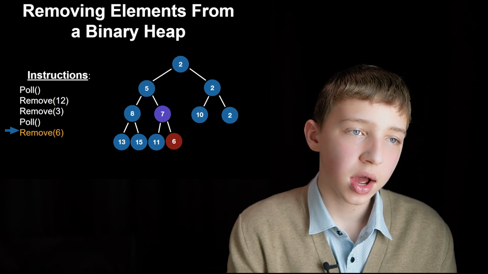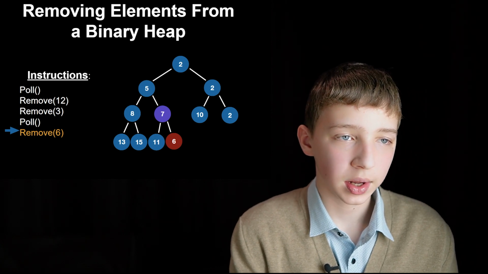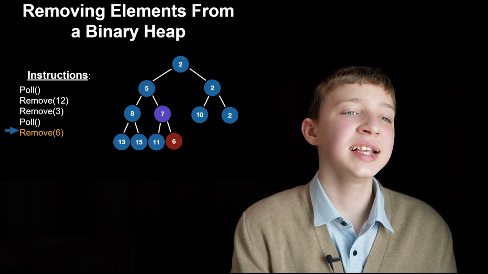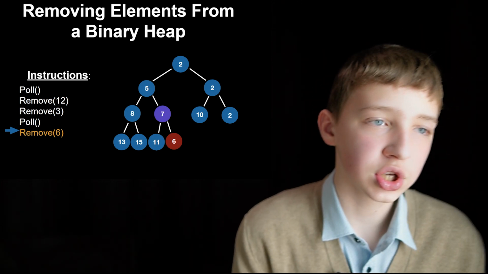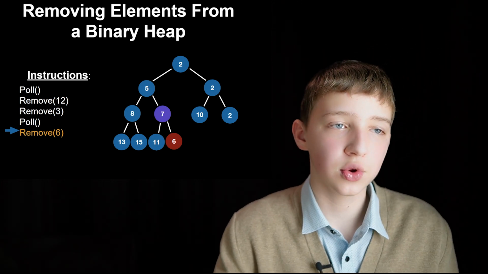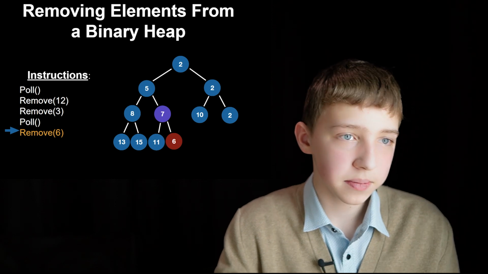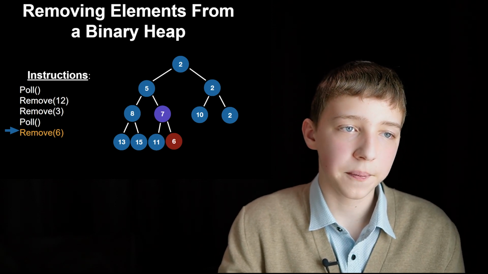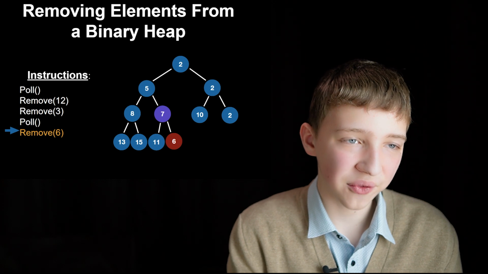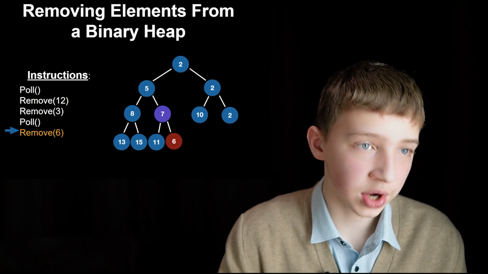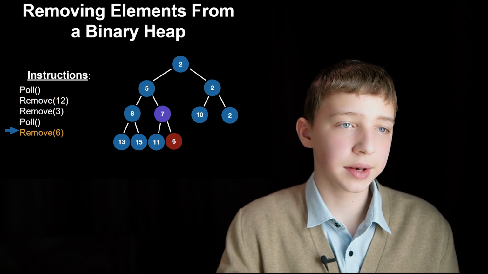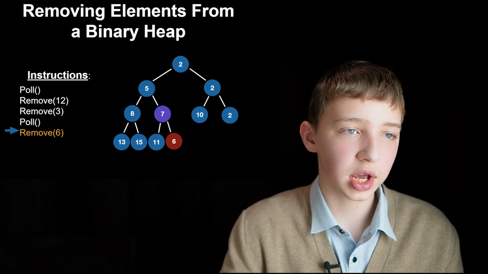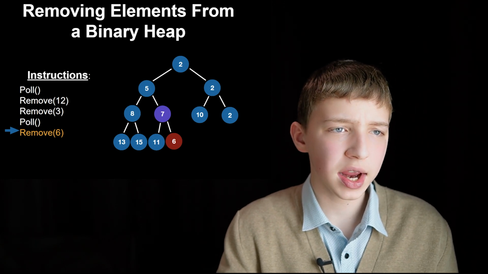So now we are going to swap it with these 4 values on this branch. And so we're swapping it with 7, removing it.